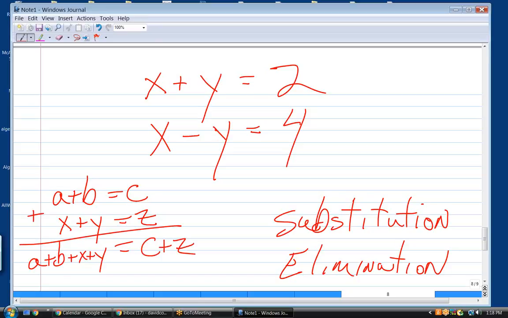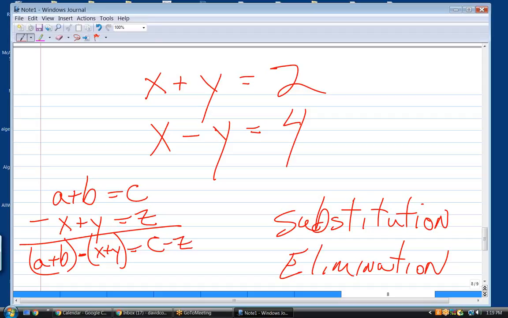That is something you can always do by the nature of equations. You can also subtract them: a plus b minus x plus y equals c minus z. So you can add or subtract.